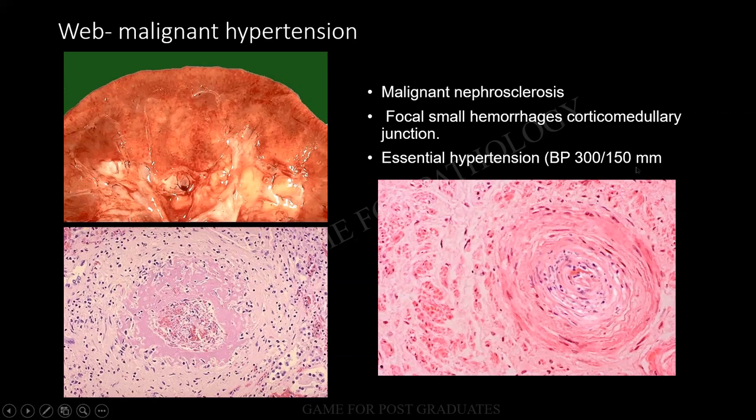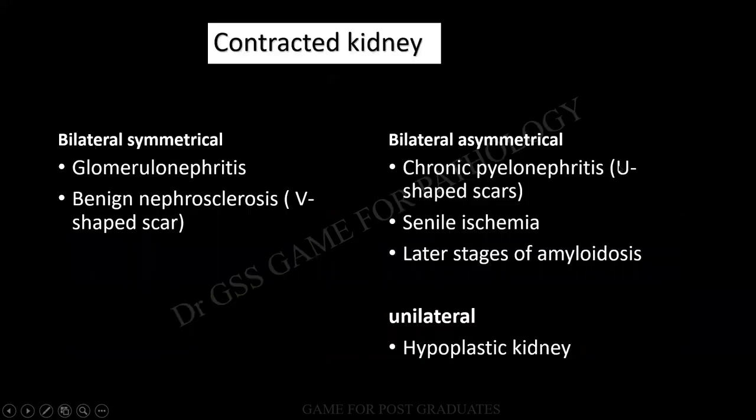Essential hypertension or malignant hypertension is 300 by 150 millimeters of mercury. Contracted kidney, this is what I had been telling you people earlier, whether it is bilateral or unilateral. Bilateral means whether it is symmetrical or asymmetrical. If it is going to be symmetrical, think of glomerulonephritis, nephrosclerosis.